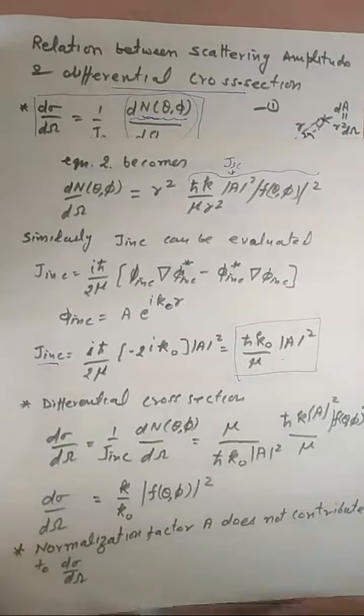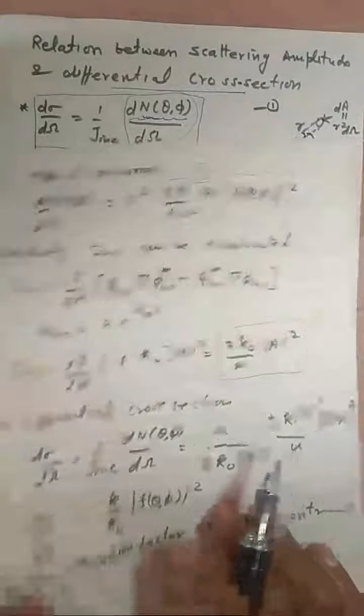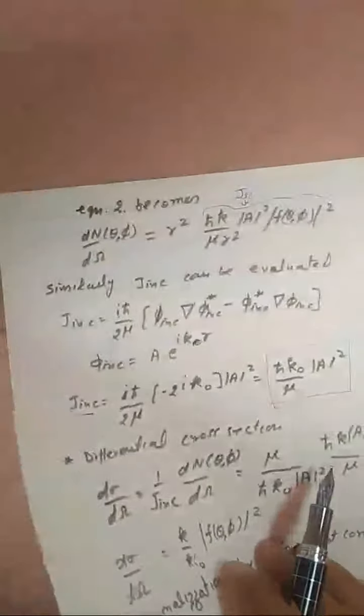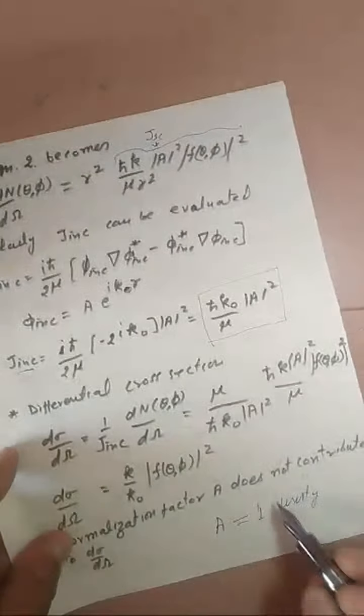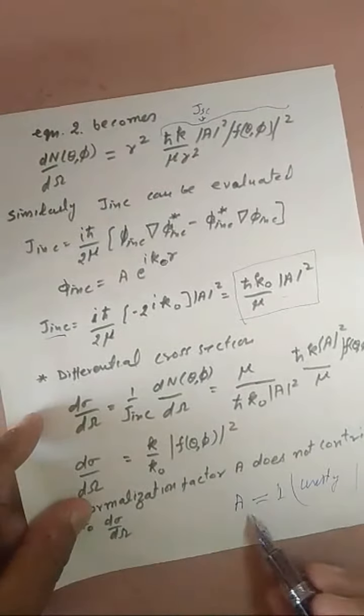So it does not depend upon a, so we can consider a to be unity. You can take a to be unity; it doesn't depend on this.